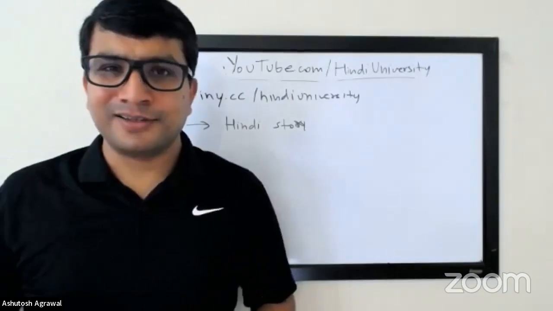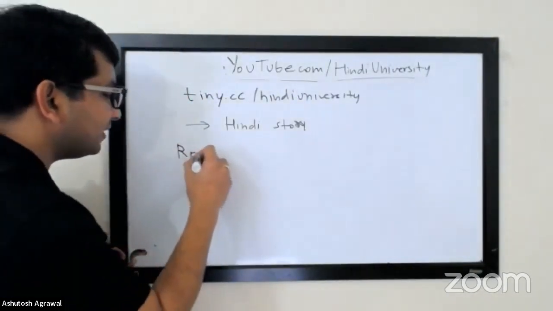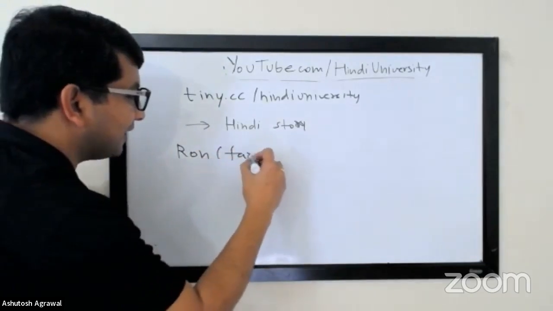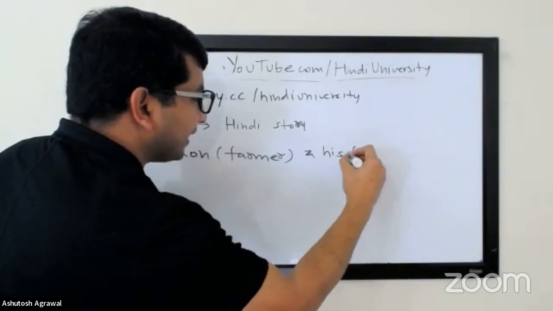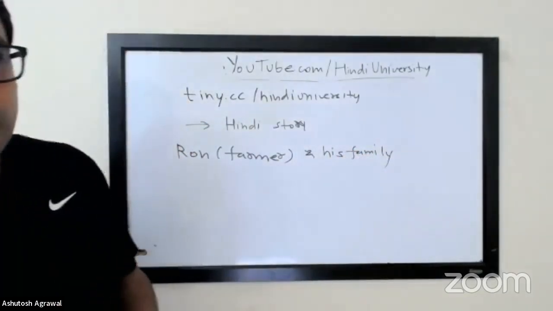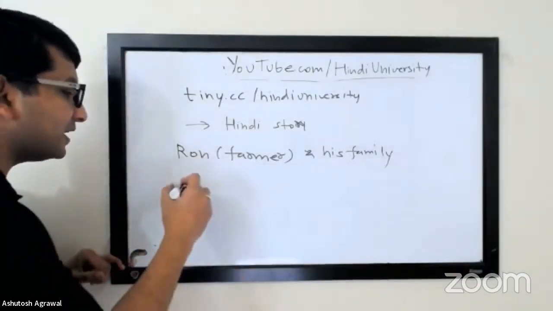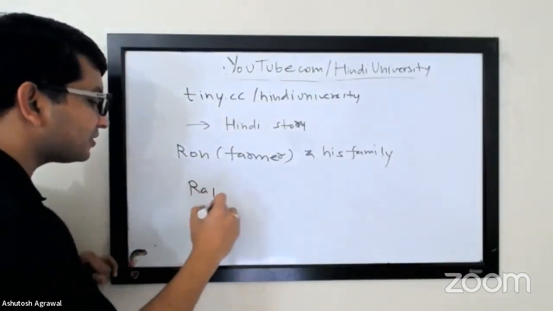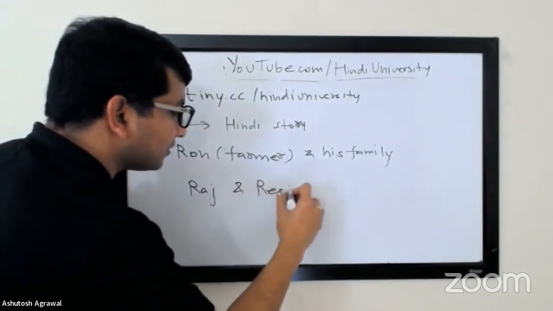The characters of the story are Ron, who is a farmer, and his family. As we are learning new topics, I'm just developing on top of it. So this conversation is taking place between Raj, which is Ron's son, and the restaurant owner.